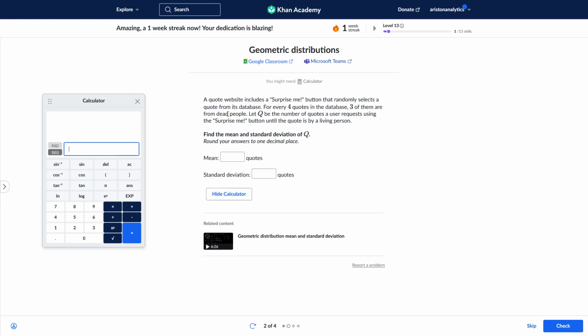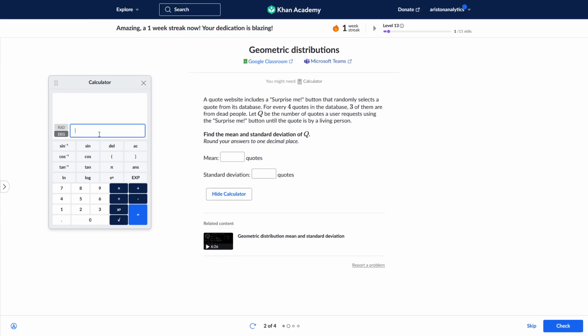It's a bit morbid to say dead. Children are on this platform. Okay, for every 4 quotes in the database, 3 of them are from dead people. 3 out of 4. 1.3.